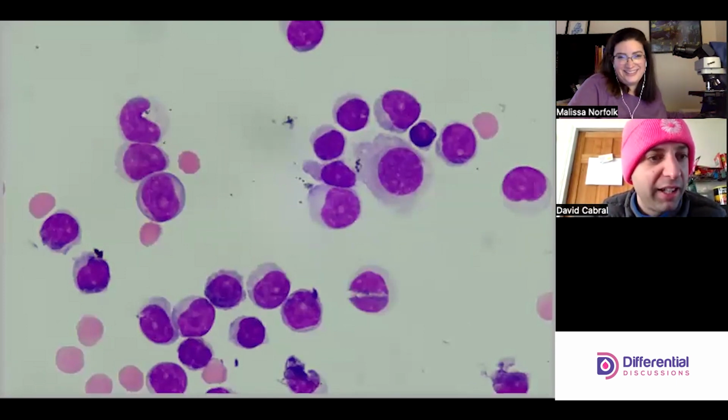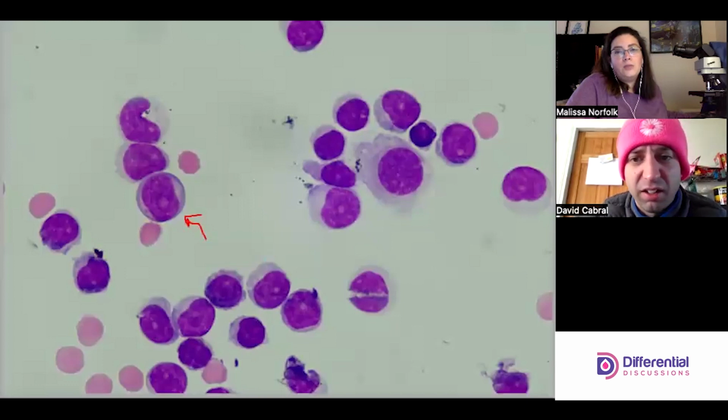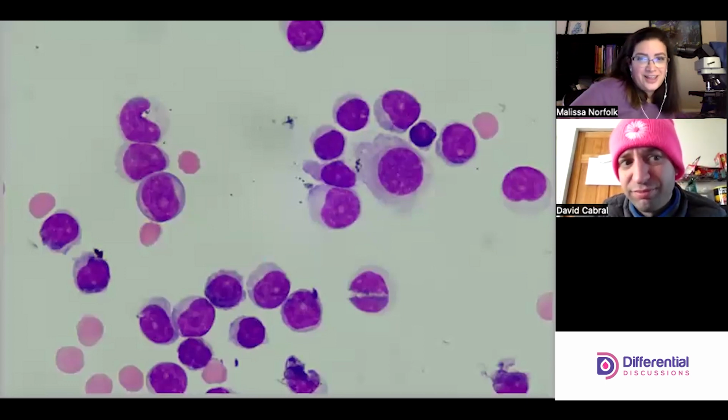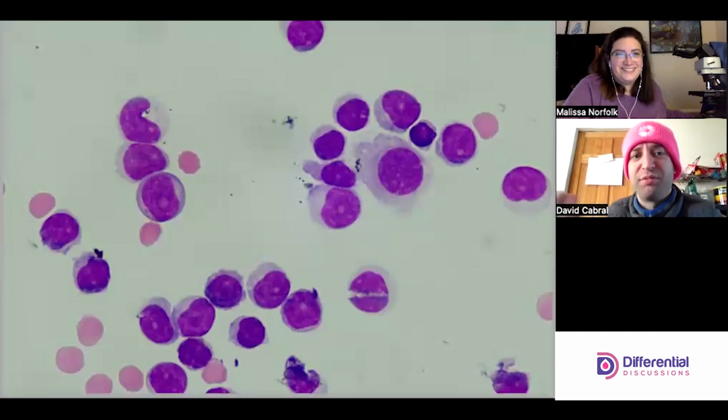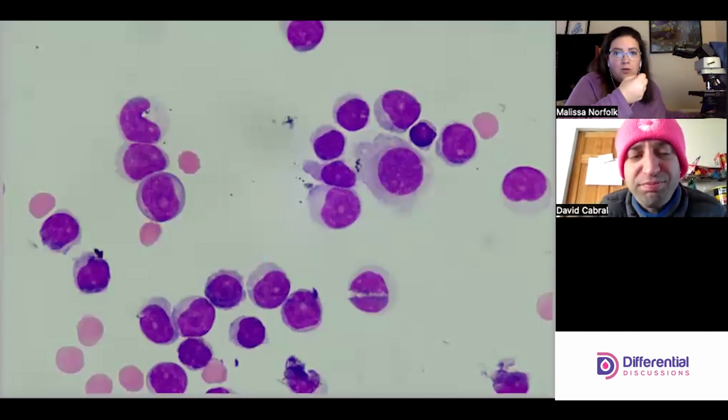So we got a pretty reactive looking, and scary looking nucleoli there, huh? That's why I stopped, because of the nucleoli. Yeah, that's very large, but the chromatin pattern is still too mature to be like a blast or something quite immature like that.